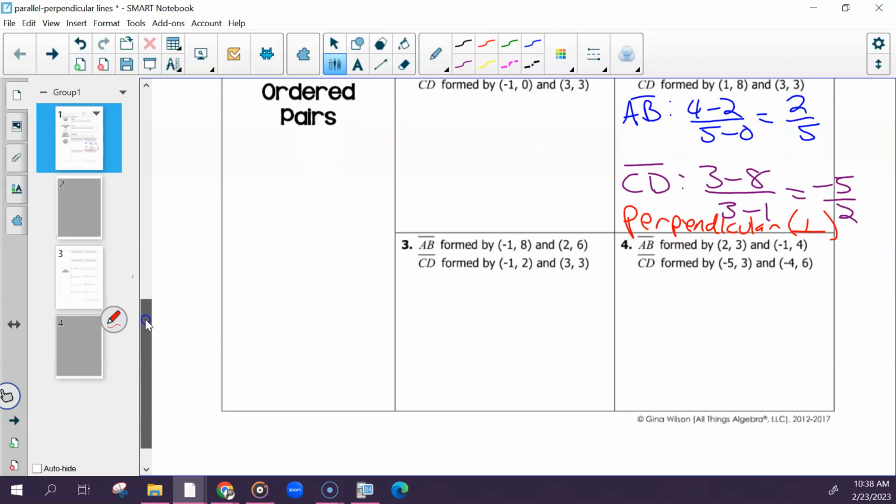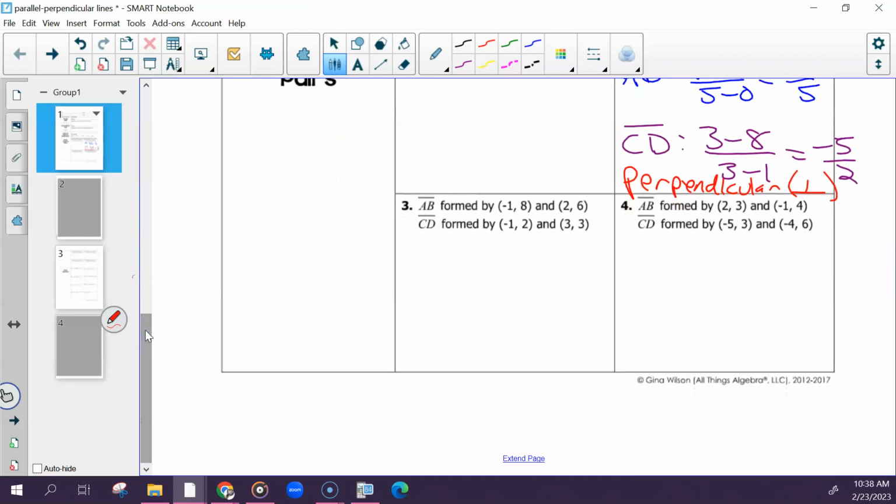All right, let's do number 3. Same thing, find your slope for AB and your slope for CD. What is your slope for AB?